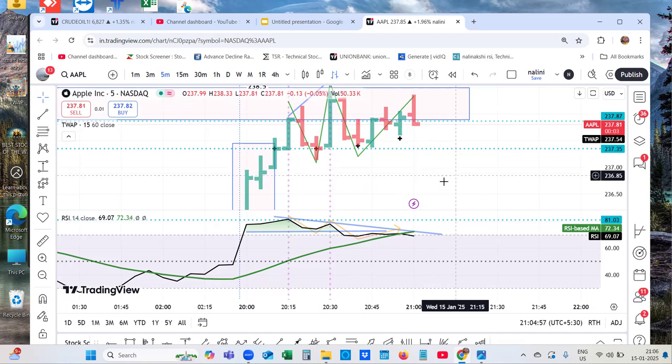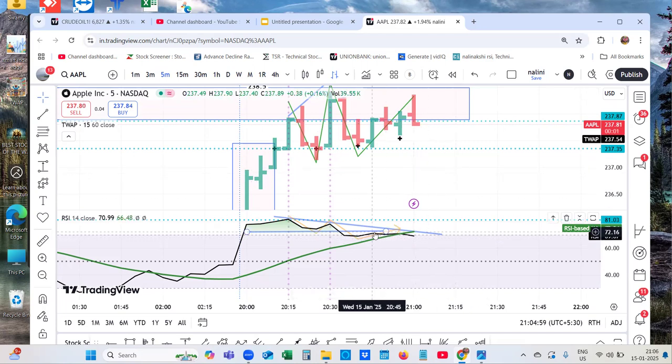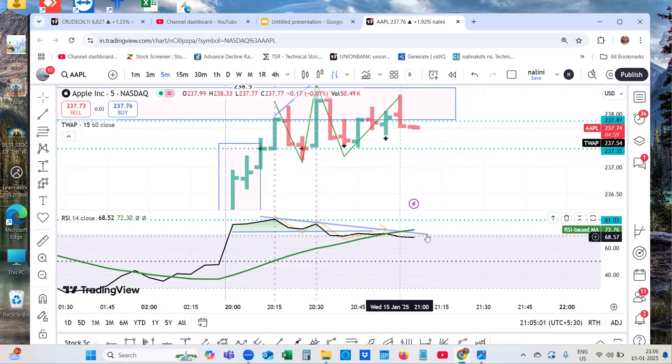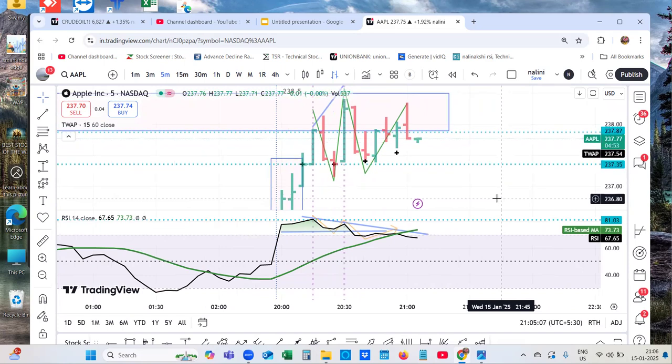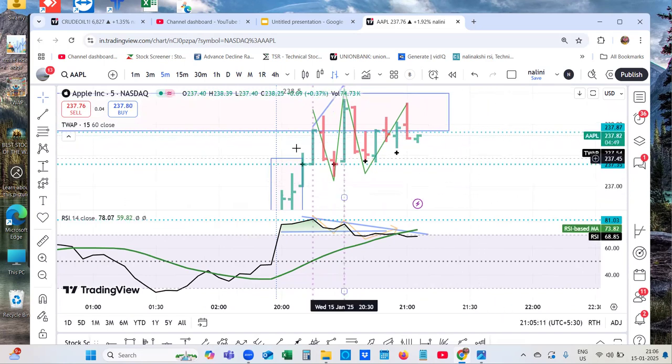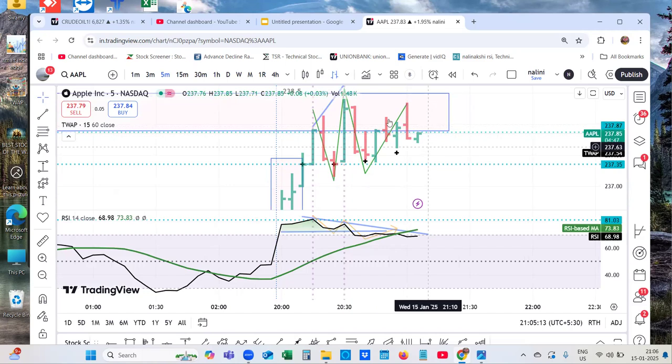Still, RSI, see the divergence now. Price is struggling. Price is going sideways, coming down, moving high.